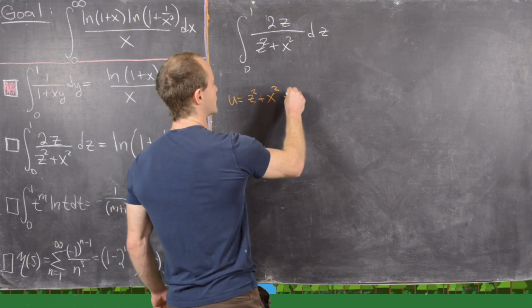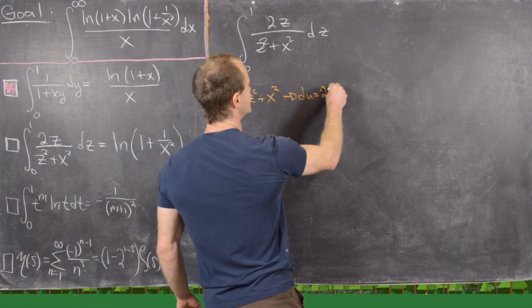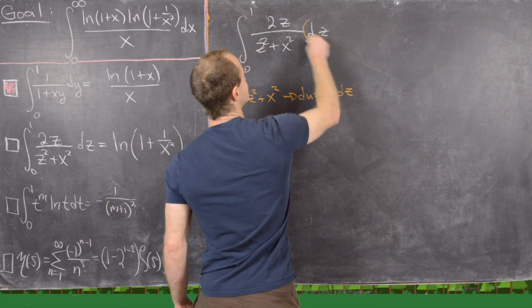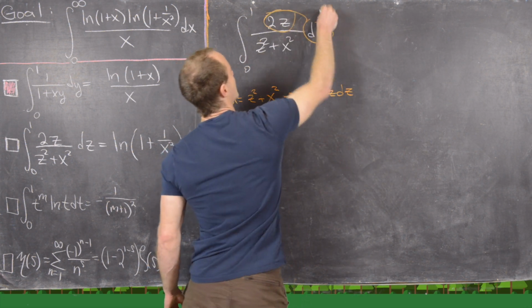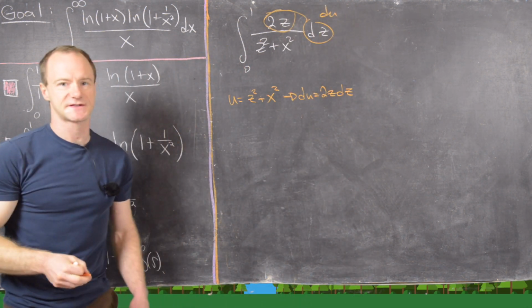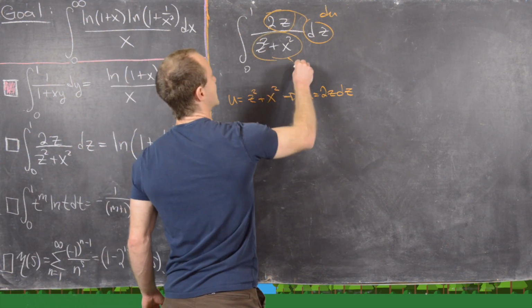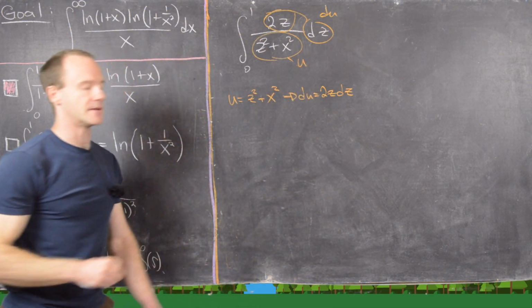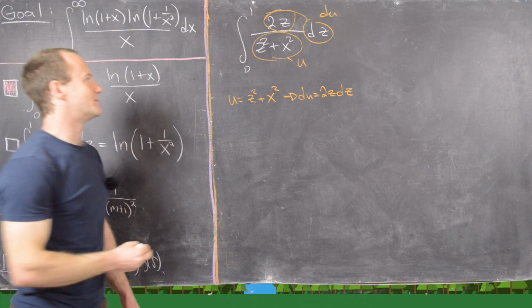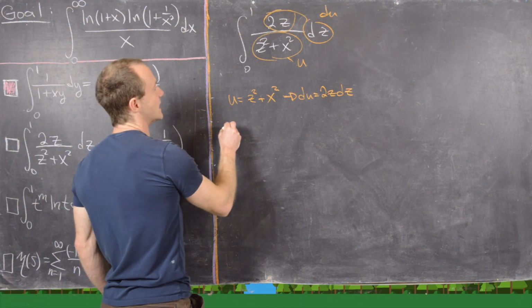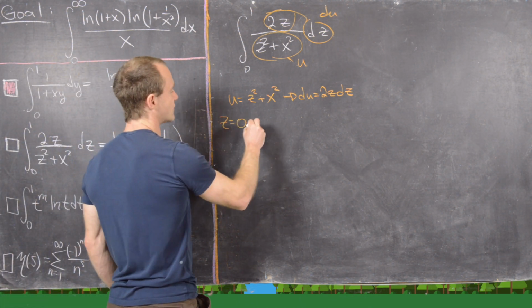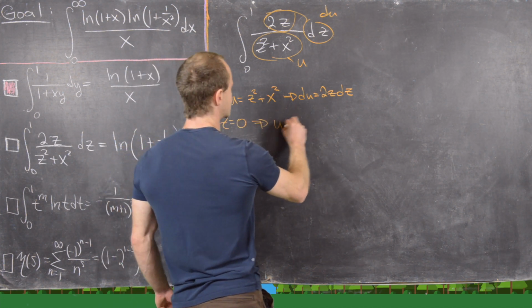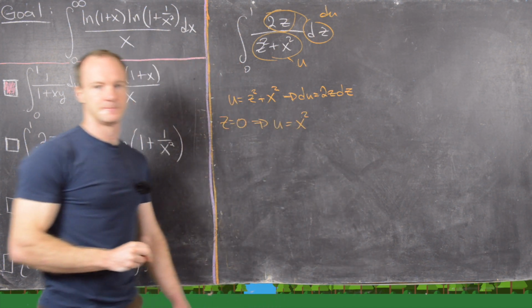That is going to make du equal to 2z dz. So this numerator is my du, and then this whole denominator is equal to u. Great. Now let's see what happens to the bounds of integration. When z is equal to 0, that means u is going to be equal to x squared.